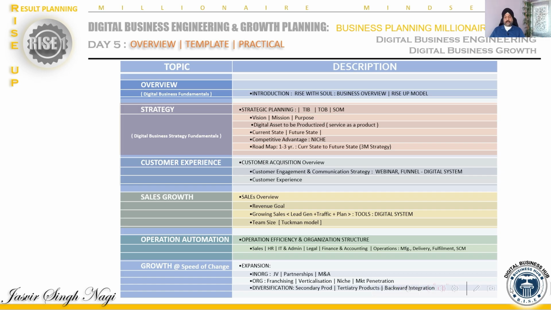Now, with that said, the last element will be growth, right? This is one of the stages within Rise where you diversify. You might have inorganic growth, you might buy businesses, you might diversify into other areas, or you might just verticalize in your niche, become a super vertical of sorts, and so on.